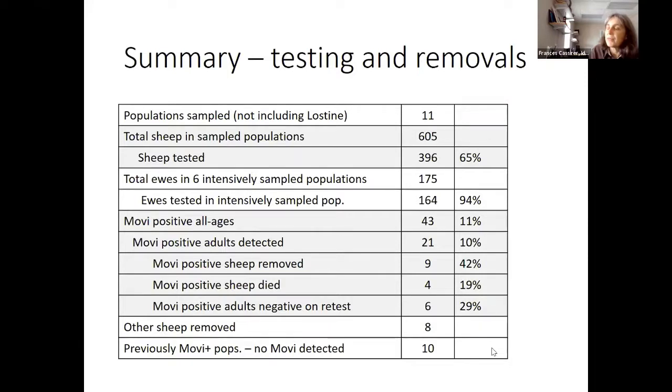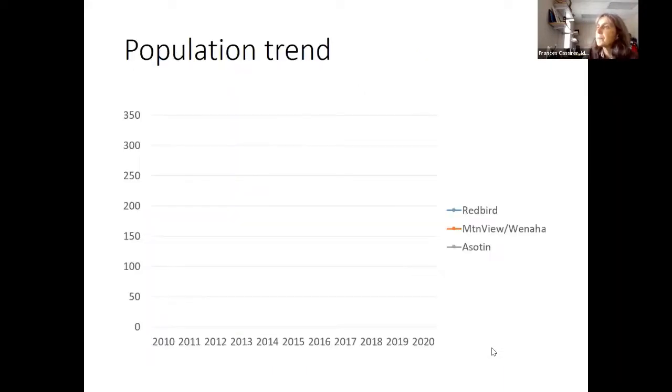So with that, we had 10 populations that were previously MOV positive that now we are not able to detect MOV. And unlike in DeSoto, we have seen some significant population responses.